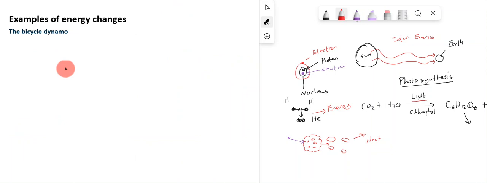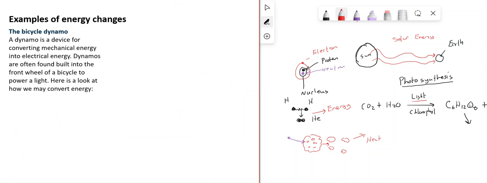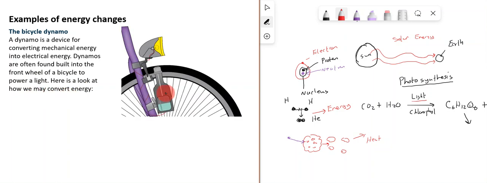Another example of energy change is the bicycle dynamo. A dynamo is a device for converting mechanical energy or movement energy into electrical energy. Dynamos are often found built into the front wheel of a bicycle to power a light, and here's a look at how we may convert energy. So this is a dynamo here, and as you cycle, the tire moves around, and it causes this piece here to move around as well.